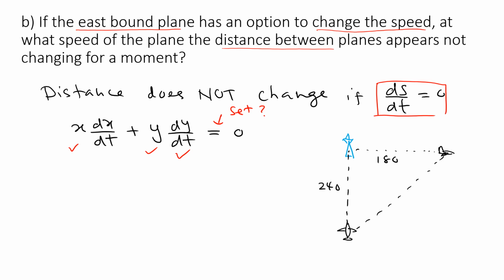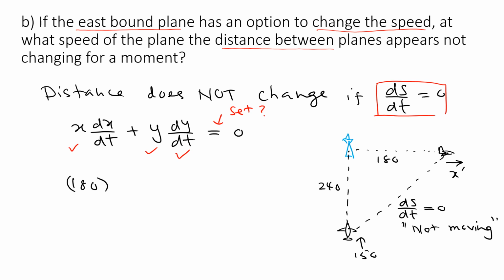We're going to see what the new dx over dt is, and we assume that ds over dt equals 0 because the distance doesn't change. So it looks like they're not moving. This is called relative motion. So relatively they don't move with respect to each other. And this one we also know is 150. So the only thing that we don't know is the new dx over dt. Okay, so let's plug in the values, and so we have 180.